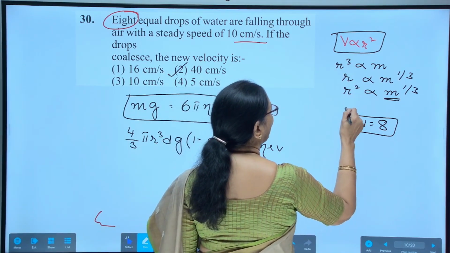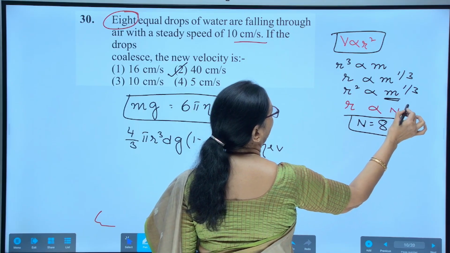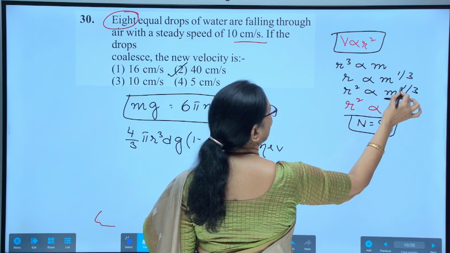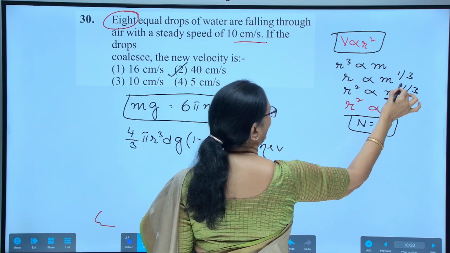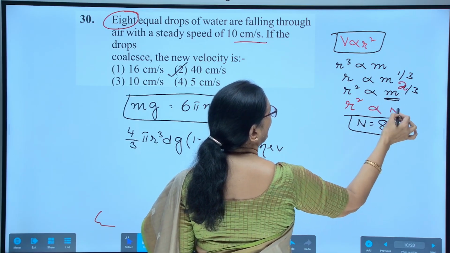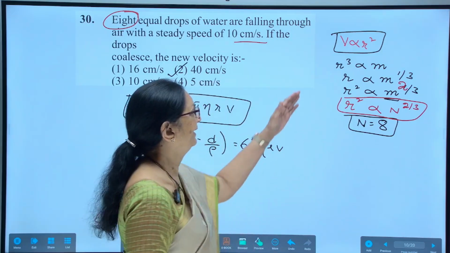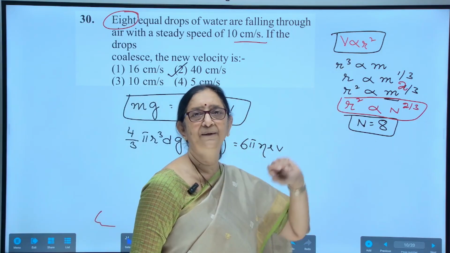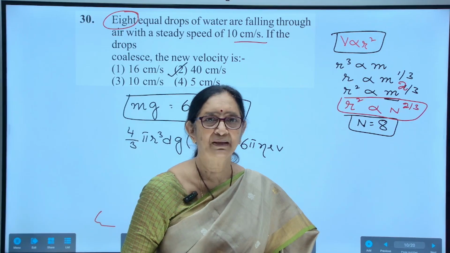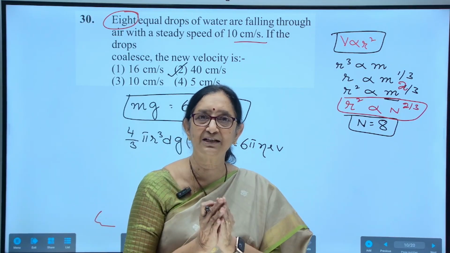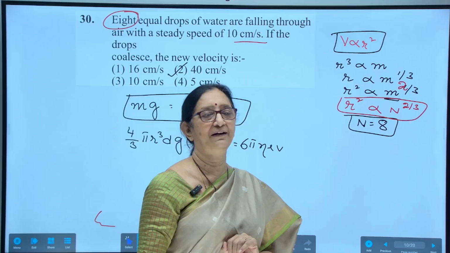So, here radius is proportional to n to the power of 1 by 3, r square becomes n to the power of 2 by 3. Mass is proportional to number of droplets coalesced. So, v proportional to n to the power of 2 by 3.